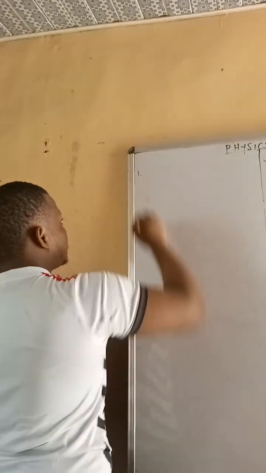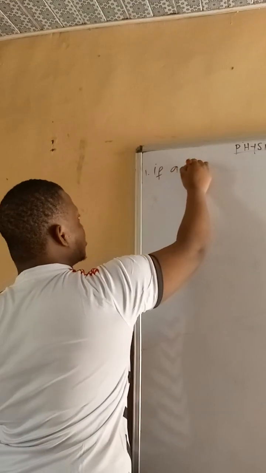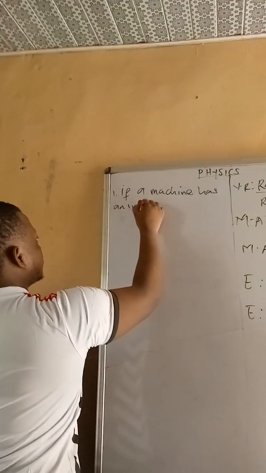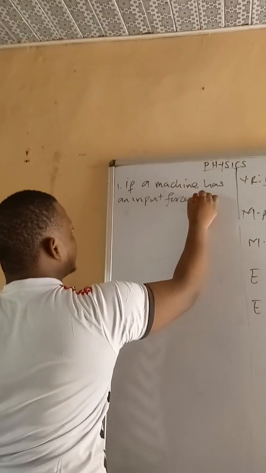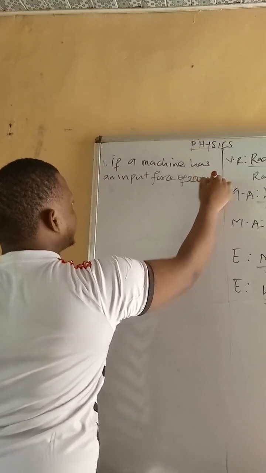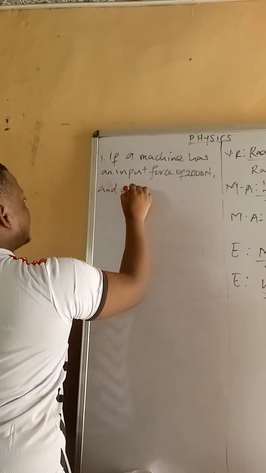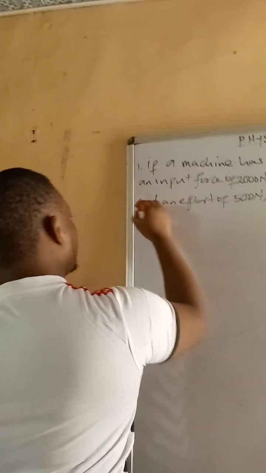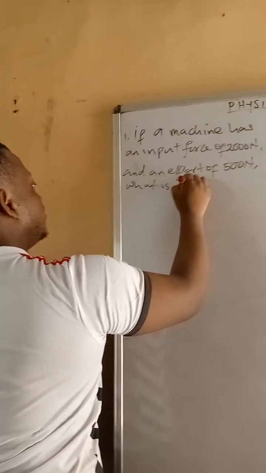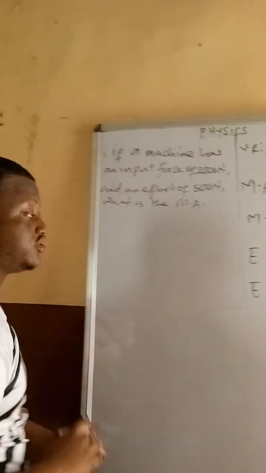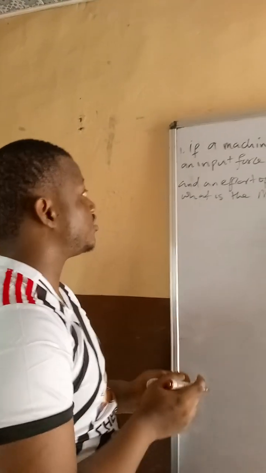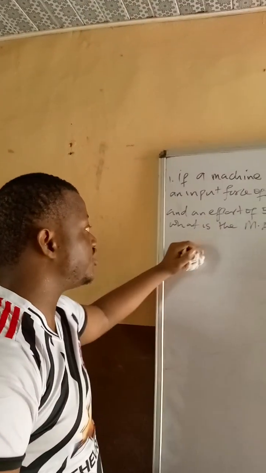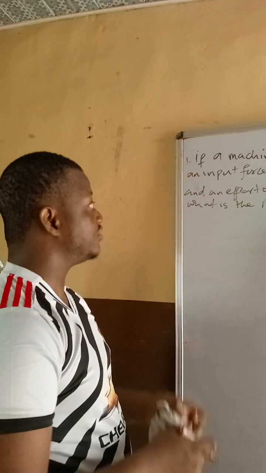The first question is, if a machine has an input force of 2000 Newton and an effort of 500 Newton, what is the mechanical advantage?